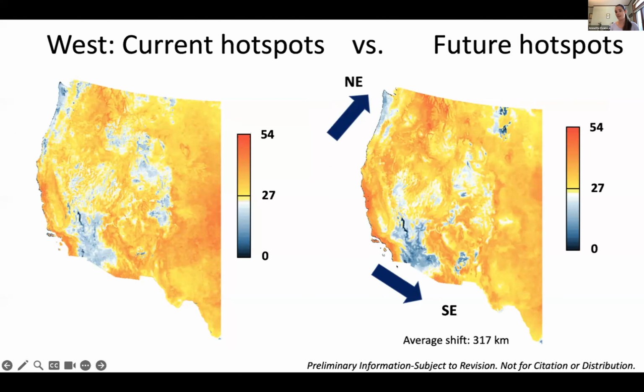My guess is that a lot of that is being concentrated in areas such as this Californian coastline, although I haven't had much of a chance to really dig into what species are shifting where and if we can explain why. But what we do see is that compared to the East Coast, the average range shift of species out west is much larger. So we're expecting to see abundance ranges shifting on average 317 kilometers, so about twice the distance that we see out east.